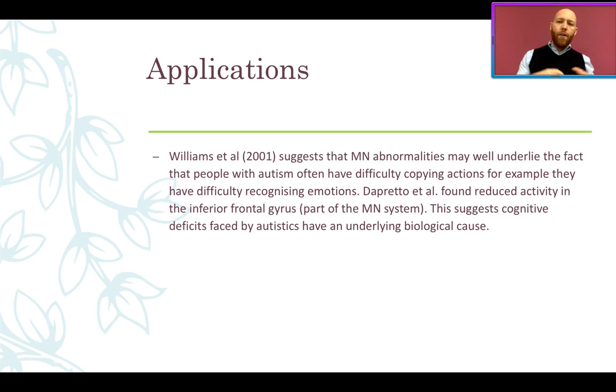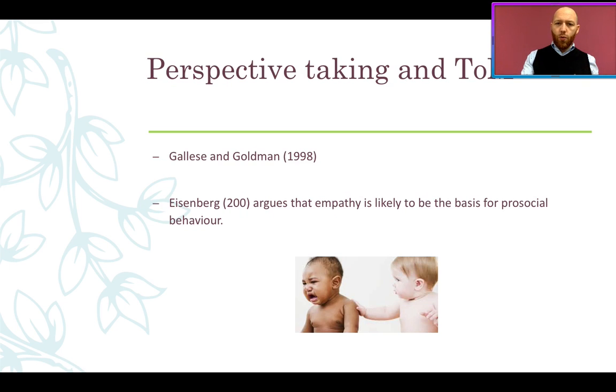Dapretto et al. found reduced activity in the inferior frontal gyrus, which is known to be part of the mirror neuron system, and this suggests cognitive deficits faced by autistics have an underlying biological cause. So this is strong biological evidence for the role of mirror neurons in autism, and then by proxy, theory of mind and perspective taking.